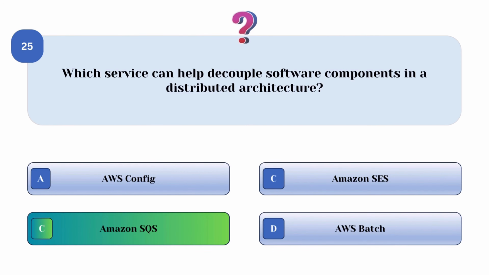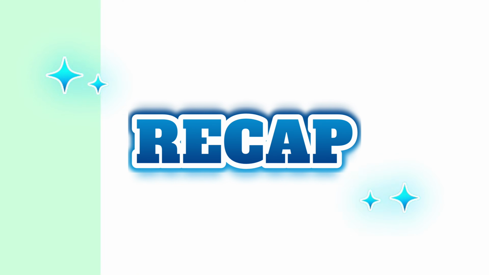Why others are incorrect? AWS Config: used for resource compliance and configuration history, not for app decoupling. SES: email service, not for decoupling. AWS Batch: for running batch jobs, not decoupling components.